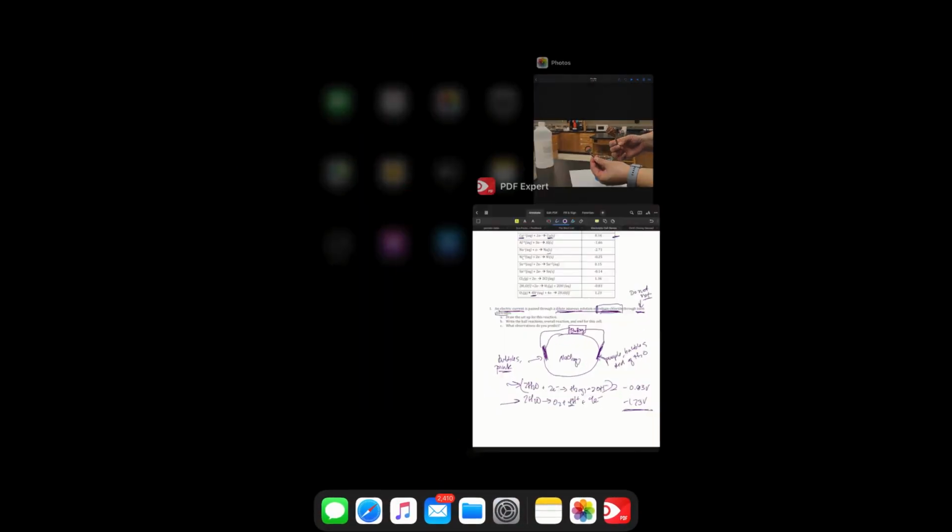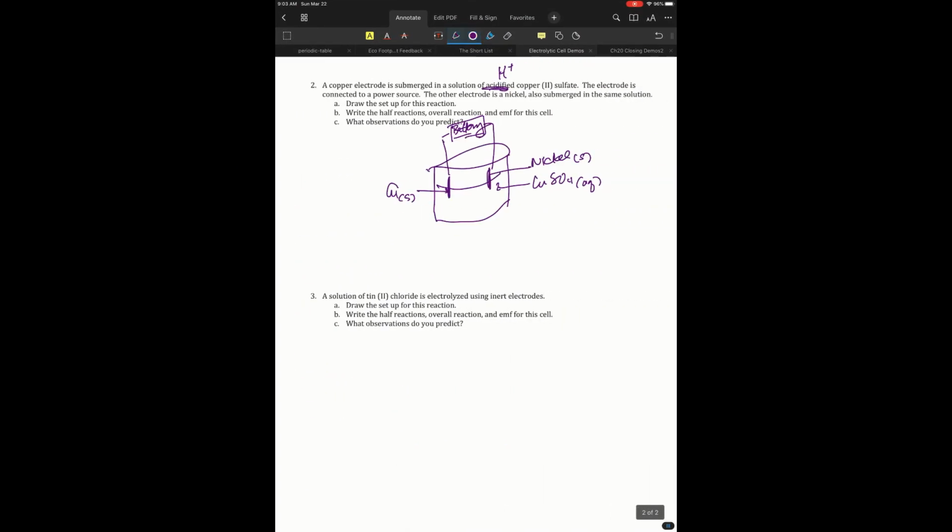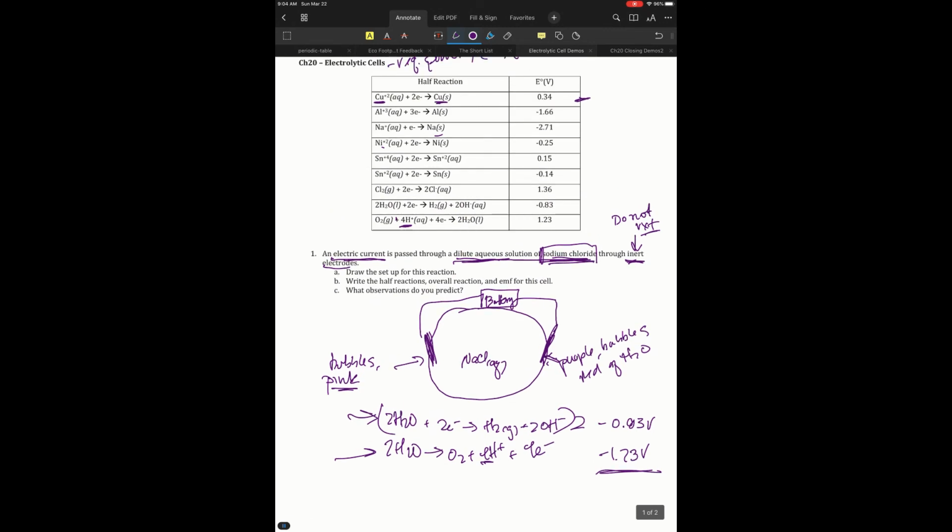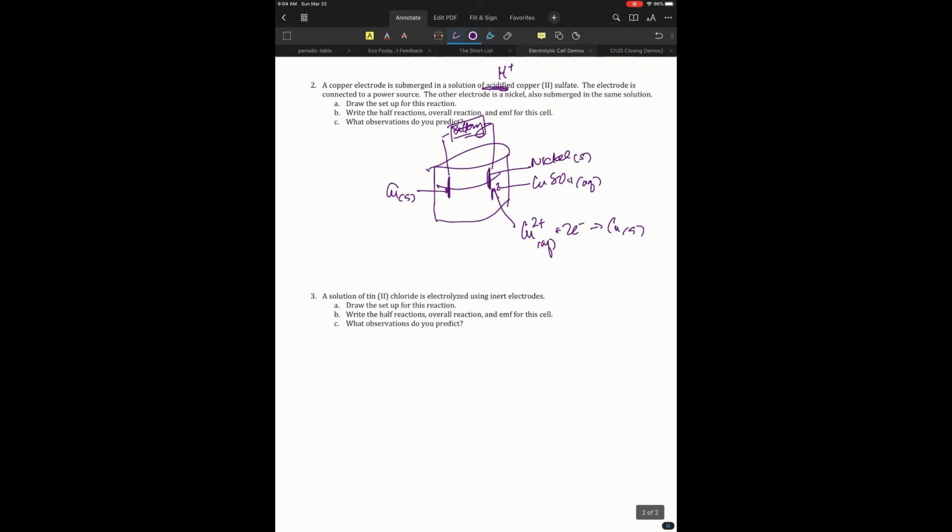So when we come back over here to analyze our cell, clearly at this electrode we're getting the deposition of copper. We're going from copper ions to copper solid. That's definitely happening there, which means that's where our reduction is occurring, which has a voltage of 0.34.